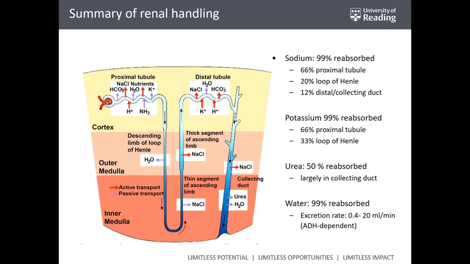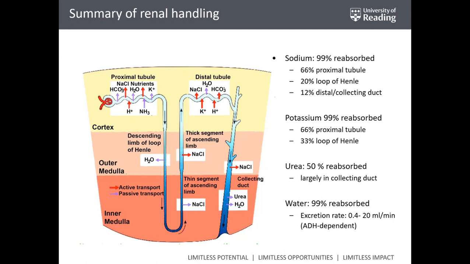Also, potassium is reabsorbed at 99%, 66% in the proximal tubule and 33% in the loop of Henle. Only 50% of urea is reabsorbed, but this can vary, and largely in the collecting duct. Water is 99% reabsorbed with an excretion rate between 0.4 and 2 milliliters per minute, depending on the ADH.